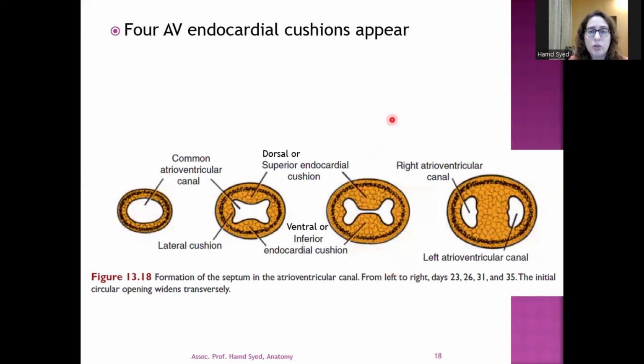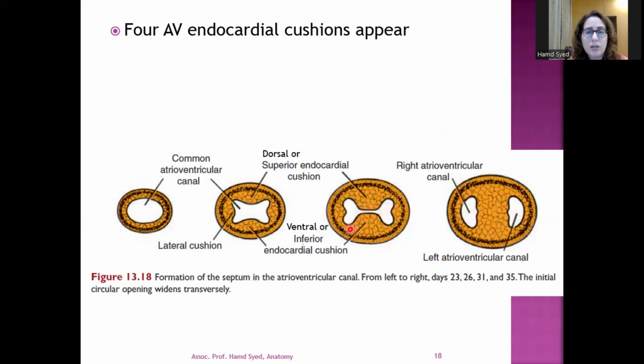Now, I told you before that there are different methods by which septa appear. One of those methods is when actively growing ridges or tissue masses appear in the walls of the passageway, and as they approach each other towards the middle, they eventually fuse, and this creates the septum, therefore subdividing the common AV canal into two separate, right and left AV canals.